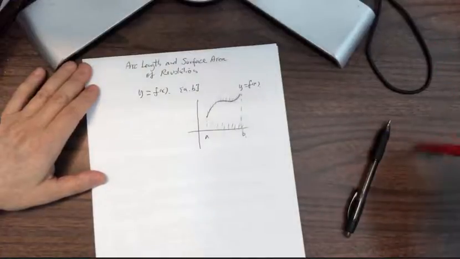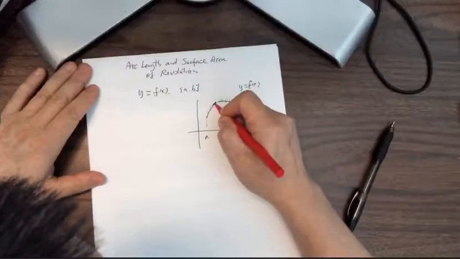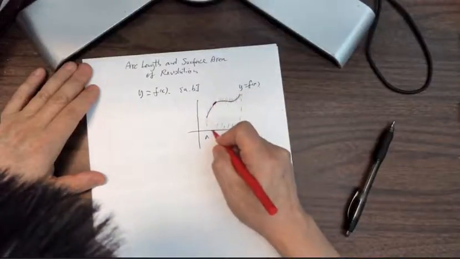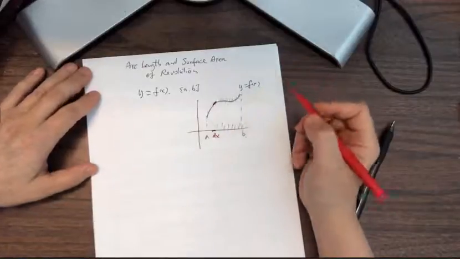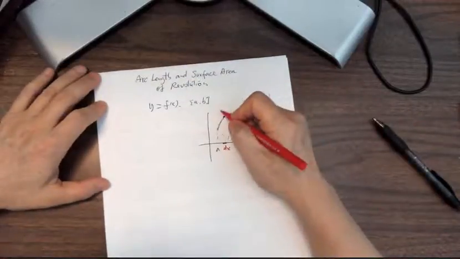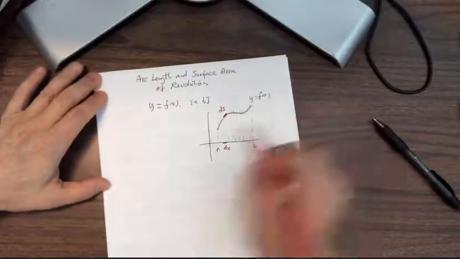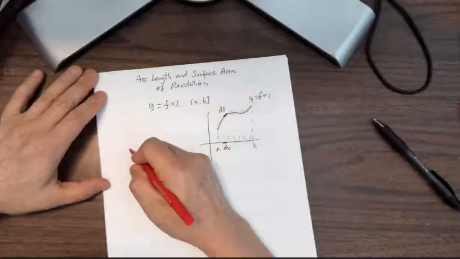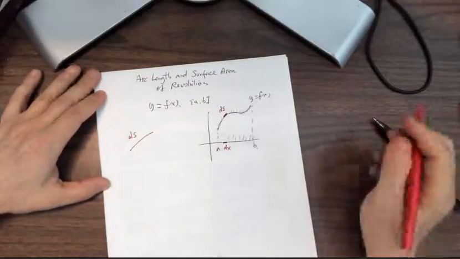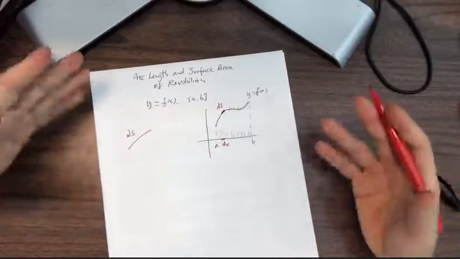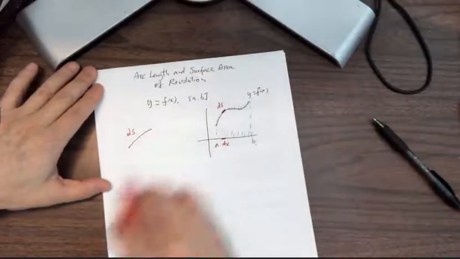Now, if we pick up, for example, this section over interval dx as a representative, suppose the arc length of this short section is ds. Enlarge it, put it here. Let's see what we can do to try to have some idea how to figure out the length.